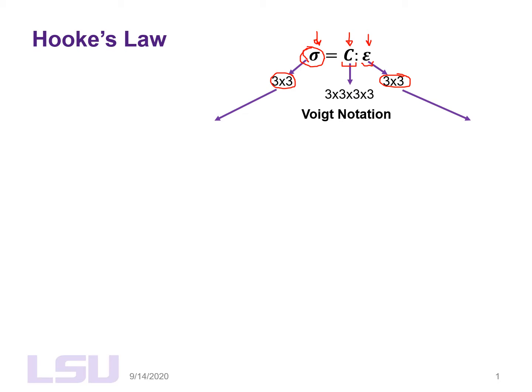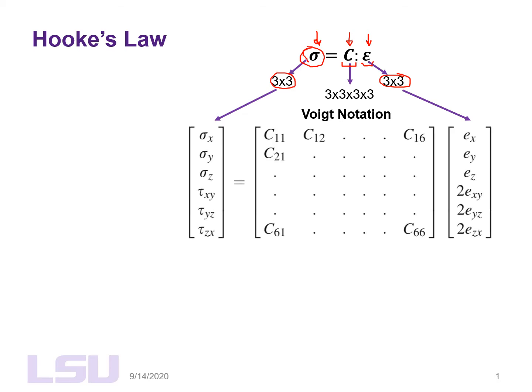So we can write out those 6 components in the form of a vector as shown. The diagonal components first, then the 3 off diagonal terms. Same deal here, diagonal components first, 3 off diagonal terms.